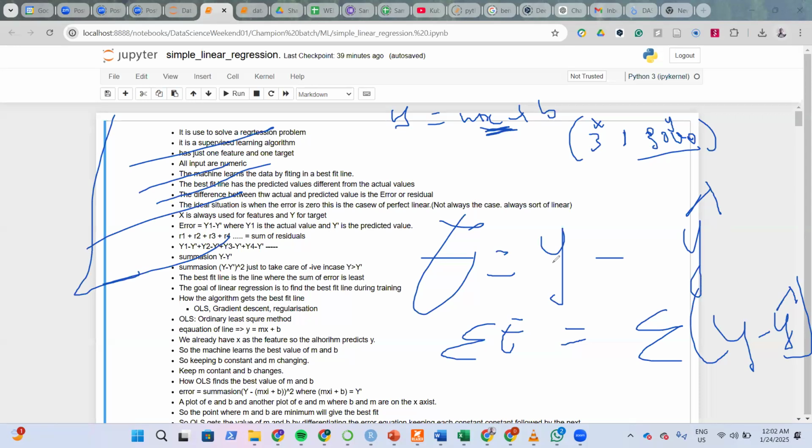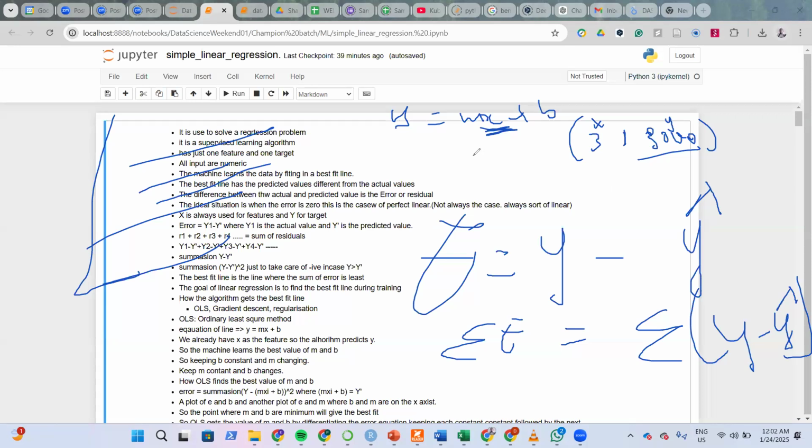Under normal circumstances the original minus the predicted should be 0, because if you predict exactly what is supposed to be, then it's going to be 0, but you never find an algorithm that works like that.